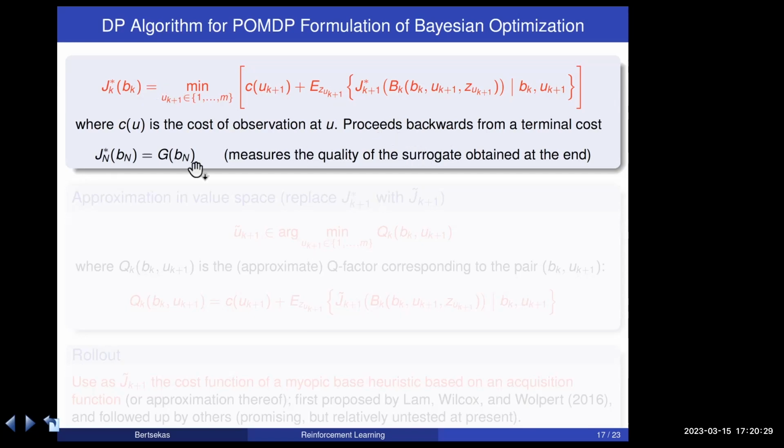And we start from some terminal time with a terminal cost function, g of bn, a function of the state at time n, the final posterior. And this g function measures the quality of the surrogate obtained at the end. For example, it may value low means and small variances and things like that.